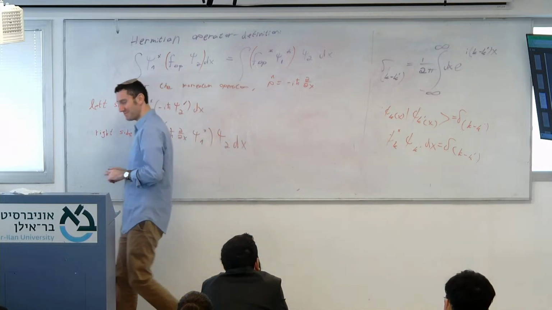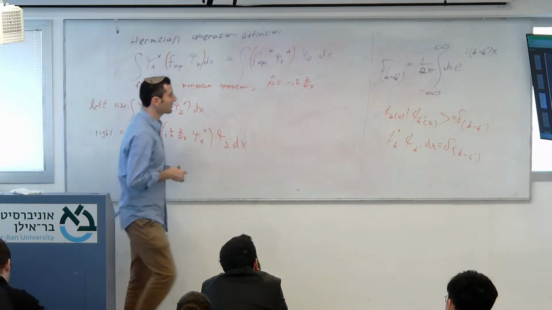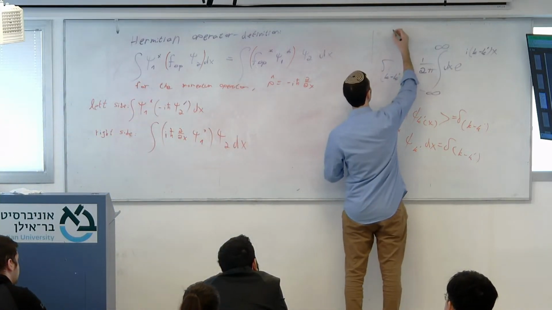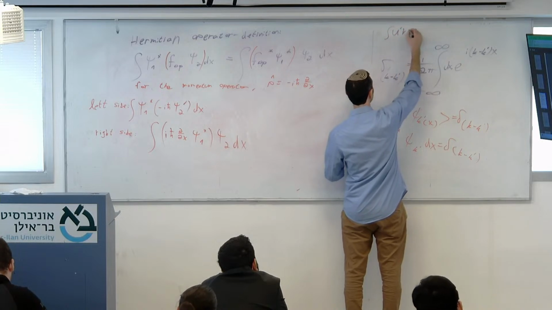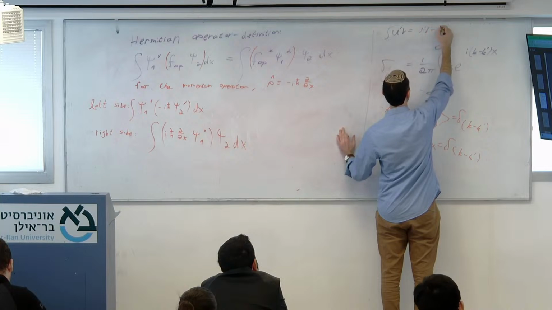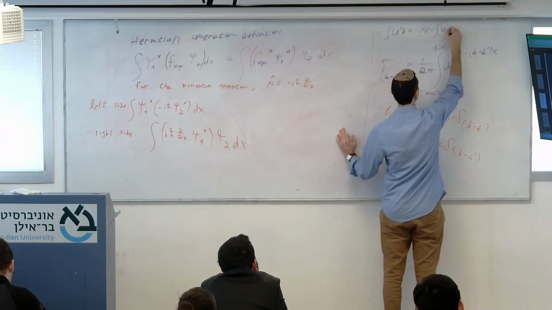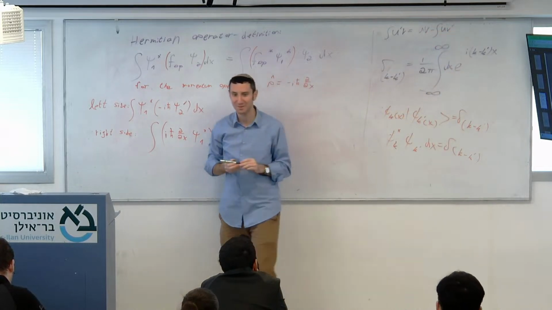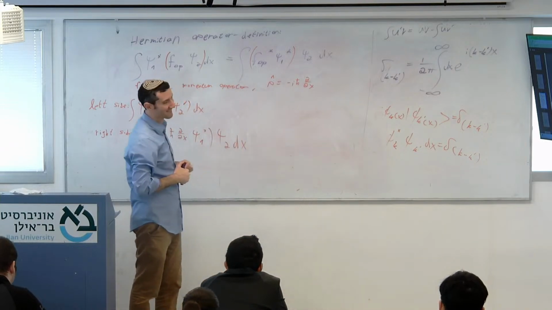So, as you know, the integral of u prime v is going to be uv minus the integral of u v prime. Yay, we like this, because this we understand.